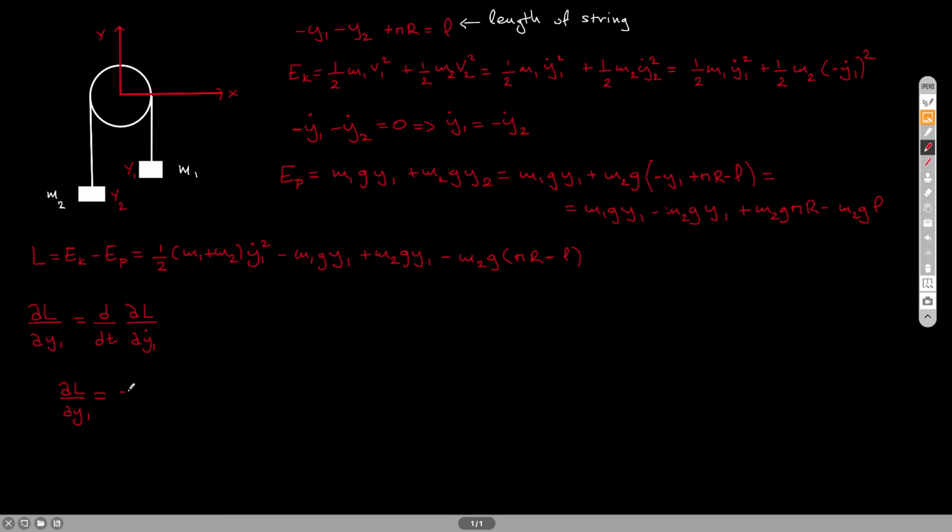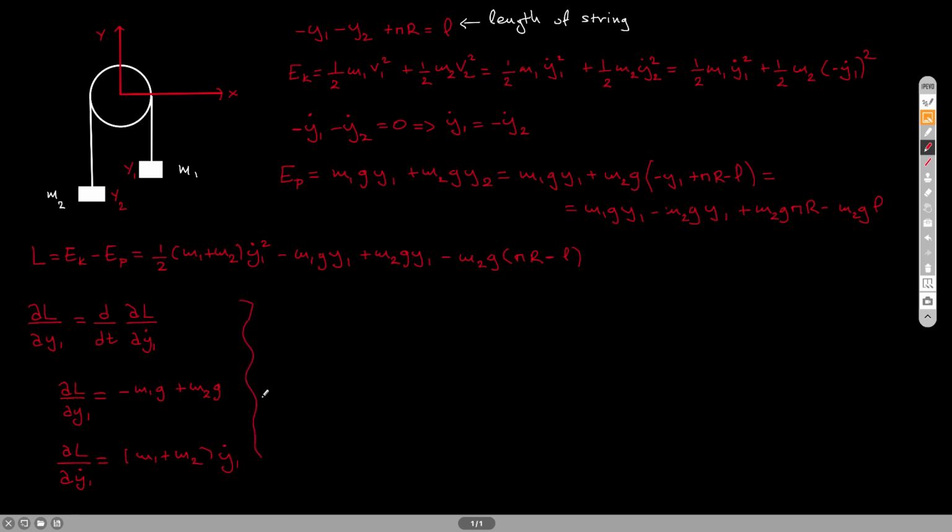So the partial derivative with respect to y1 will be minus m1 g plus m2 g. And here, the only term that depends on y1 dot is this one, and the 2 will cancel out with the 1/2. So I will have (m1 plus m2) y1 dot.